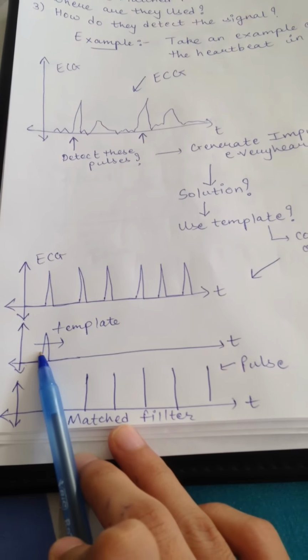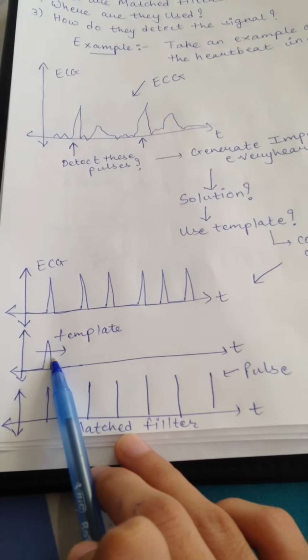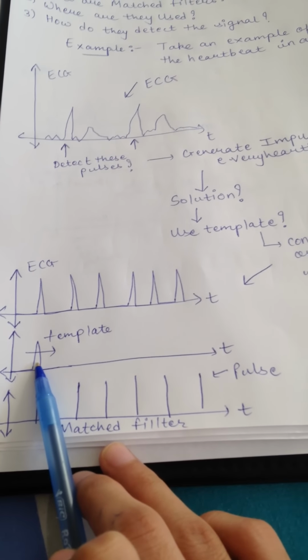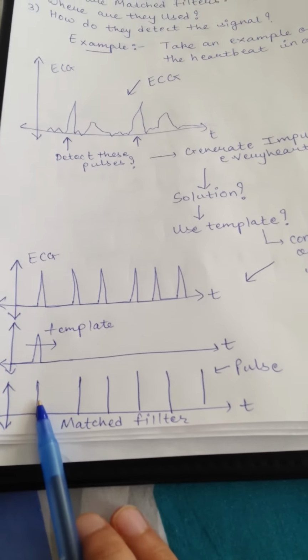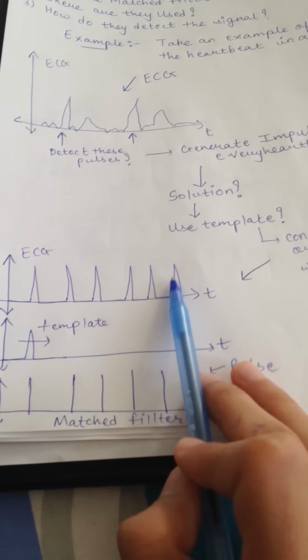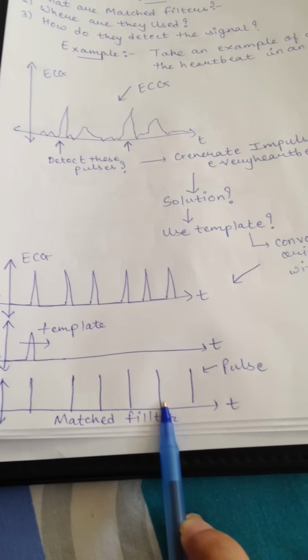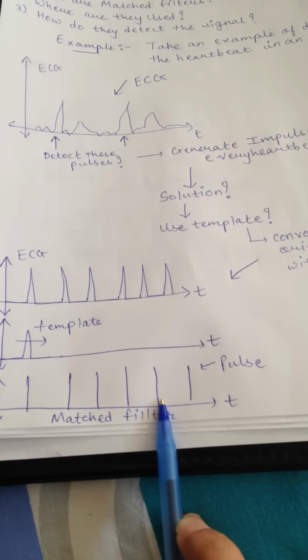When this template is convolved with an ECG and it detects a pulse like this, it will give an impulse in the final response. So there are six pulses in an ECG, and hence we'll be getting six impulses in our final matched filter.